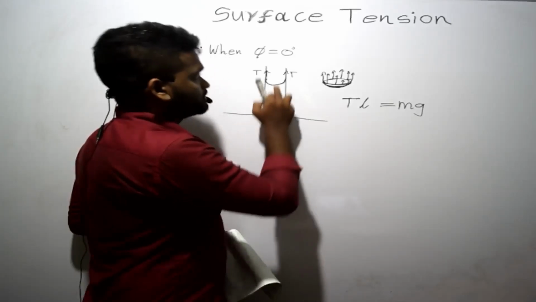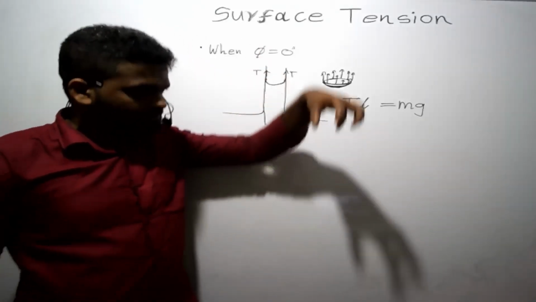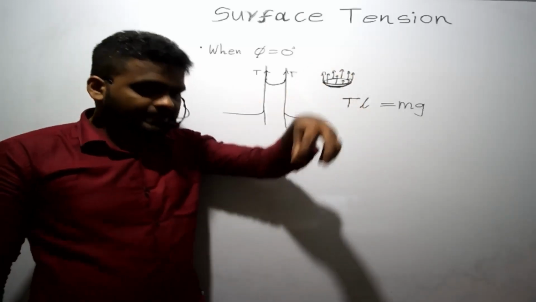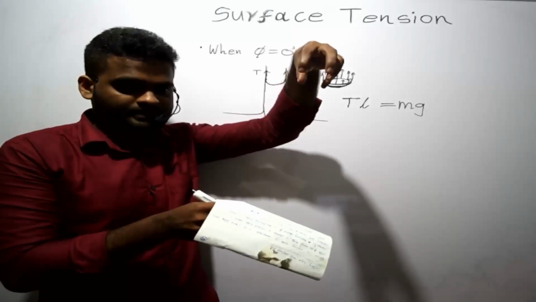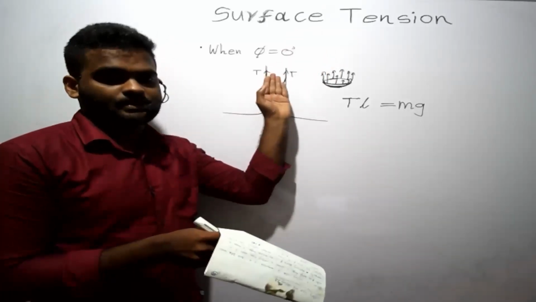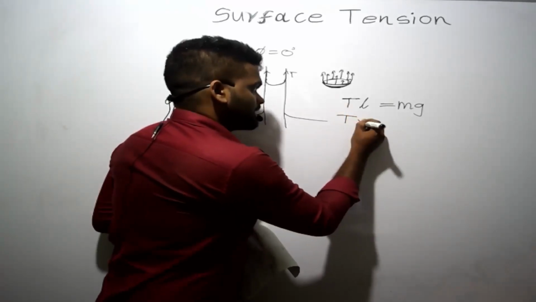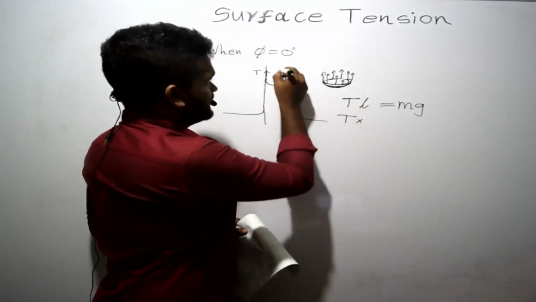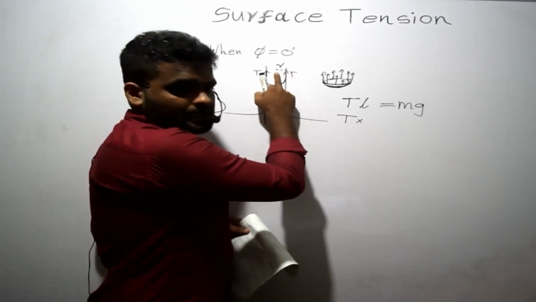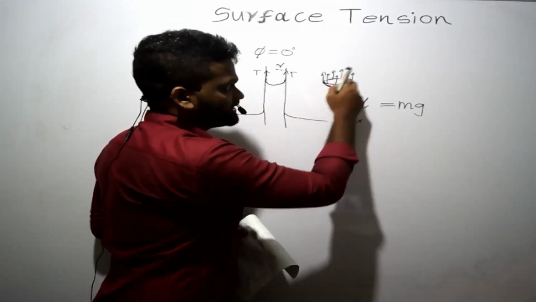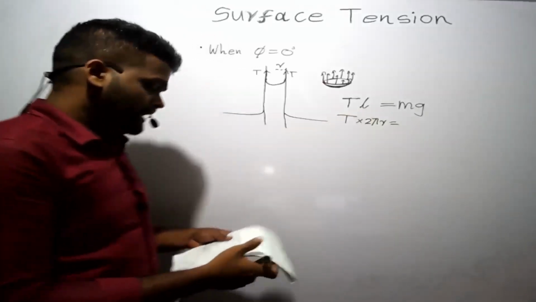The weight of the water column is equal to the force applied by the surface tension. So the water column is balanced by the surface tension forces once it rises, right? So this is T. What is length? Given that the internal radius of the tube is simply r, it should be 2 pi r, right? 2 pi r equals mass.